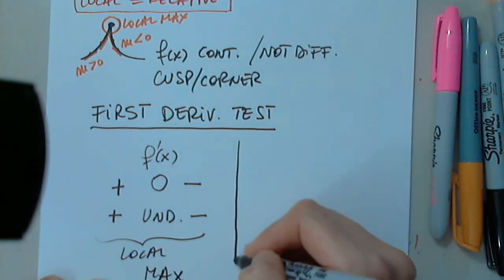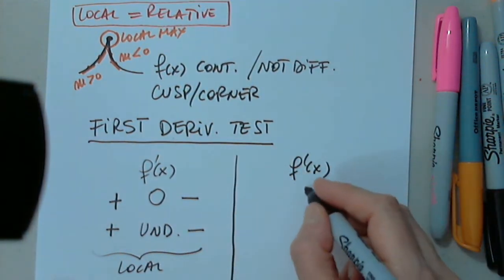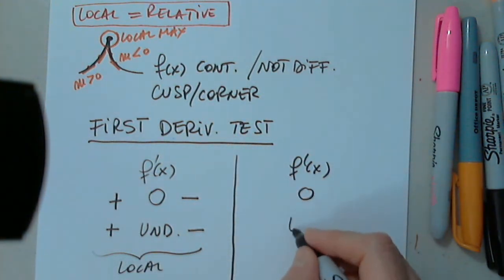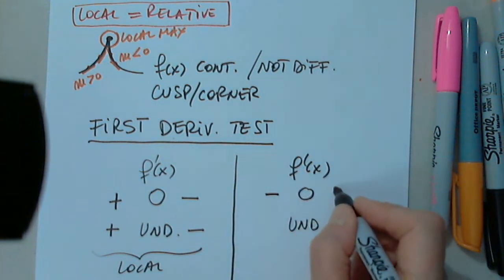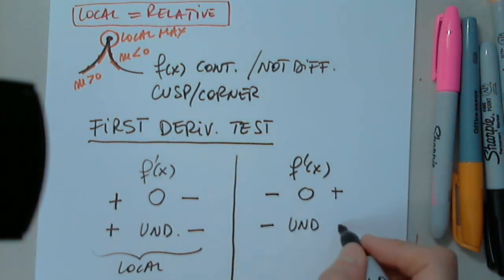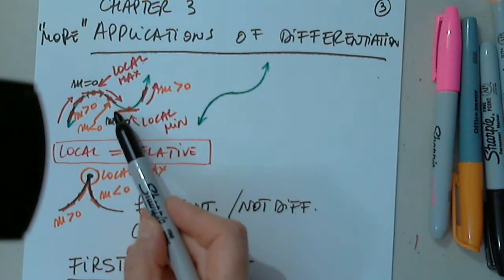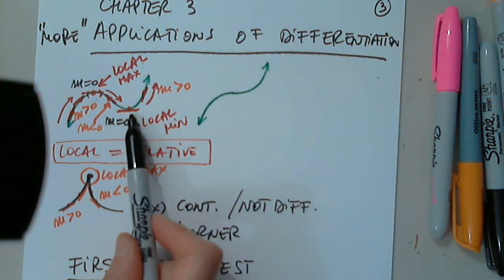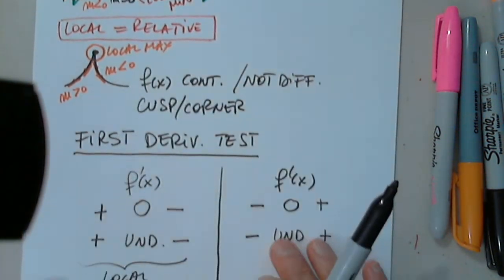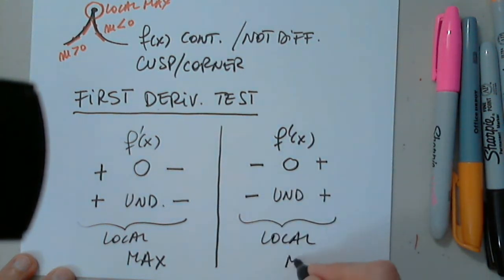Stay with me. So let's look at the first derivative. And what if it's 0 at the point or undefined, but the sign changes from negative to positive, from negative slope to positive slope. What type of point will that be? Local min. Excellent.